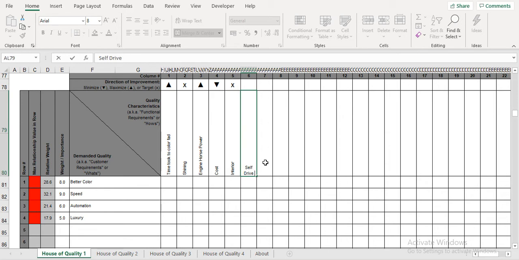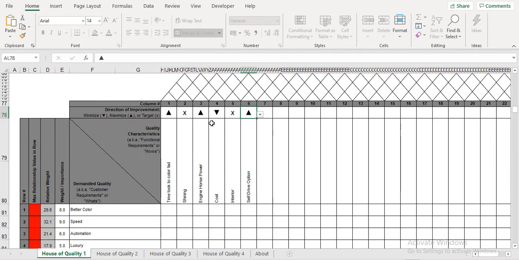This is usually seen in luxurious cars, so we can say that the self drive option should be improved. Whether it is on target or we need to improve it, we are about to improve it. So these are some of the values that we gave here.